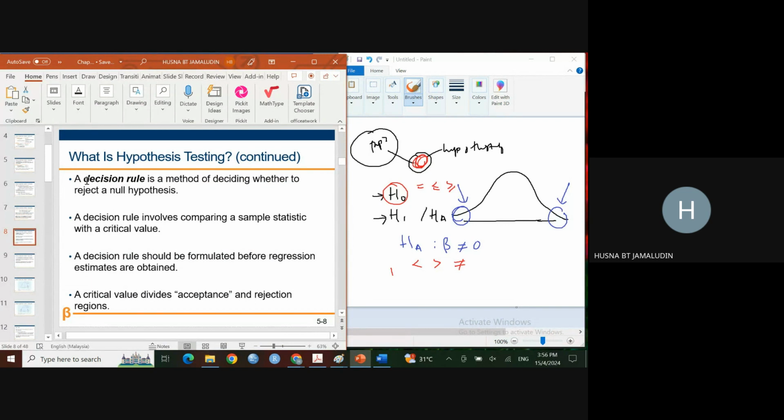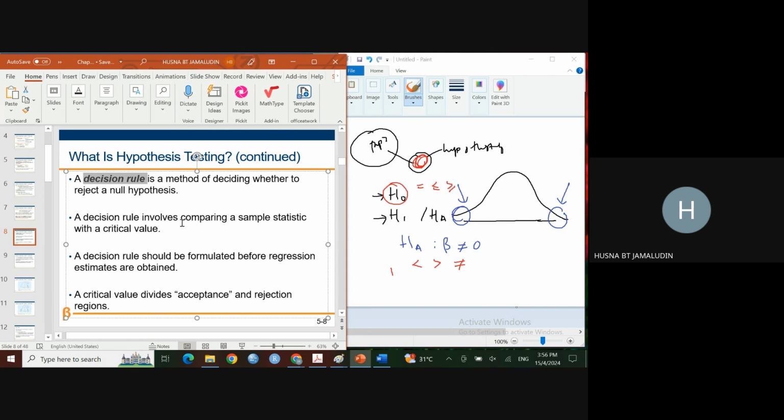Next, this is also a term that you have seen before: decision rule. What is a decision rule? Anyone still remember? It's a method to decide whether to reject or not reject your H null. Remember, you always want to reject H null, not reject your HA or H1.